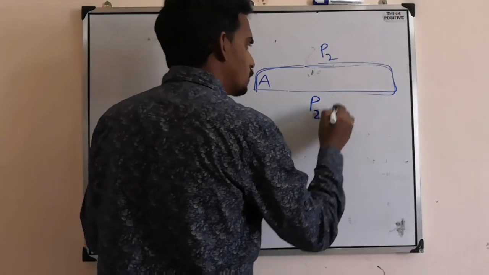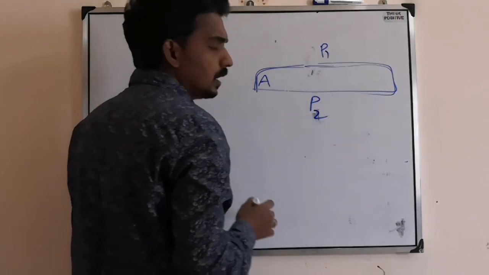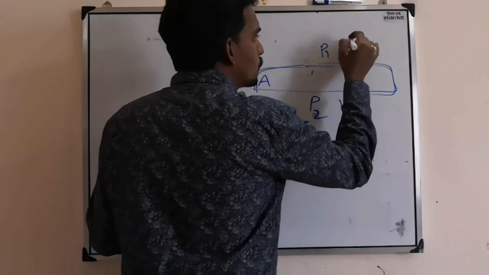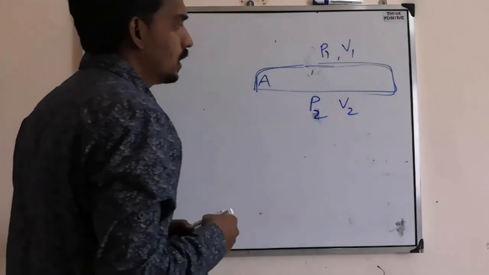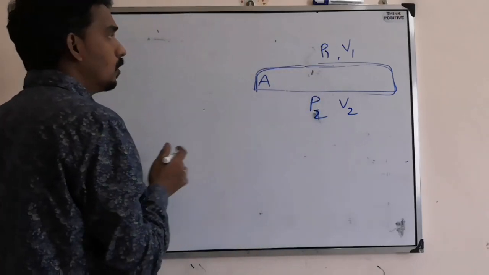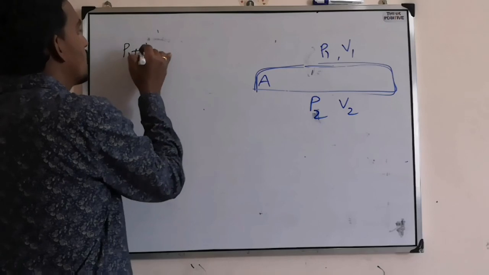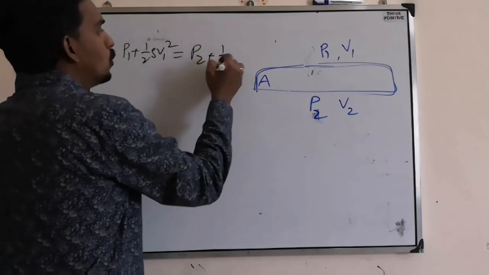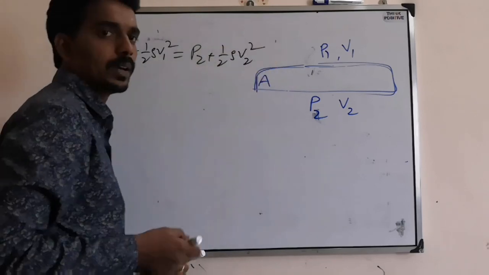And here the speed of the air is V2, and here the speed of the air is V1. Then we can apply Bernoulli's principle, that is P1 plus half rho V1 square equals P2 plus half rho V2 square.